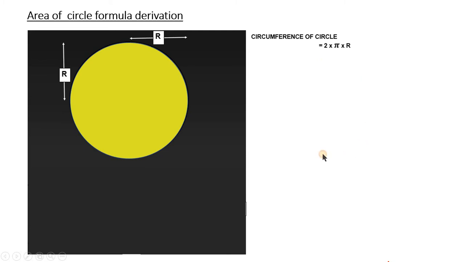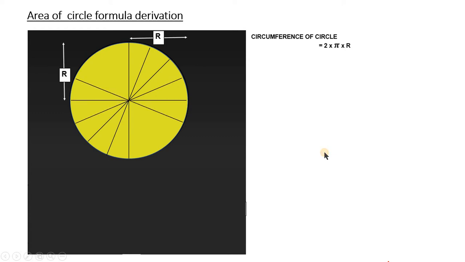Now I am drawing diameters like this, one vertical diameter, and as you can see in the animation, I am drawing diameters in such a way. See, I have divided the entire circle into 12 congruent small sectors.